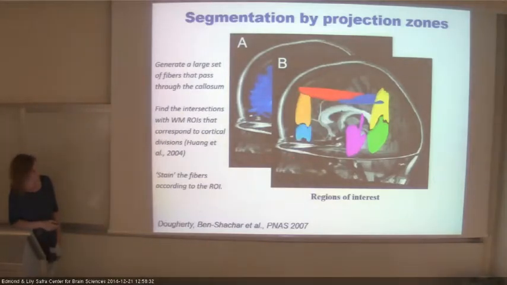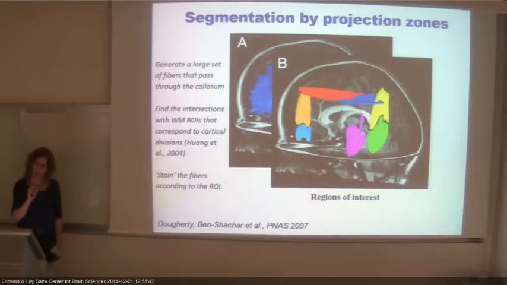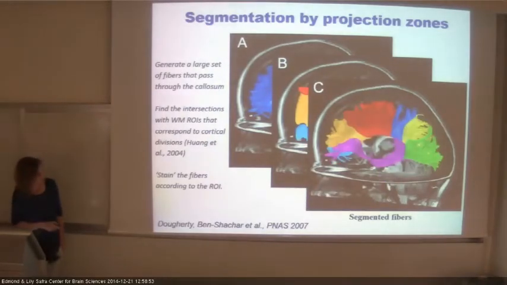So we defined regions of interest using a method that was published a few years before this paper. These white matter regions of interest are drawn for every child separately according to gross anatomical markers. And then we can look at the callosum when it's now segmented into major segments.